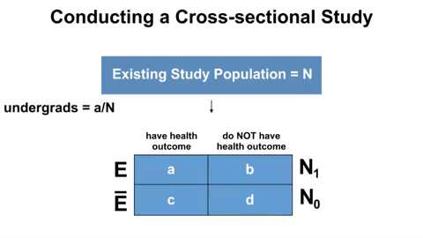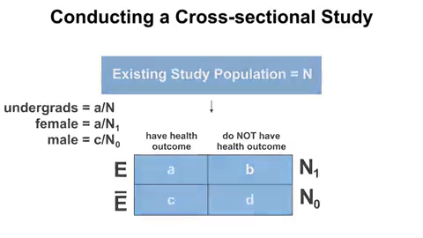That would be A divided by N. The prevalence of type 1 diabetes in female undergrads is A divided by N1, and the prevalence in male undergrads is C over N0. In comparing females and males, one sex is considered exposed if there is some evidence from the literature of a difference in type 1 diabetes between sexes.